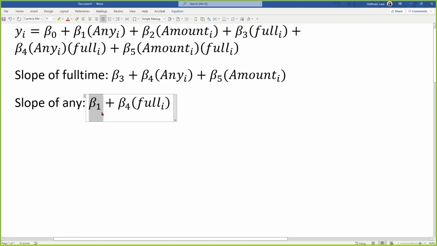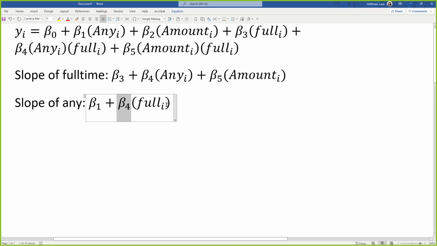So beta 1 would be the effect of going to any food school in what kind of kid? Yeah, parents who don't work full-time, when full equals 0. And so then this is essentially a switch that turns on the slope for parents who do work full-time.